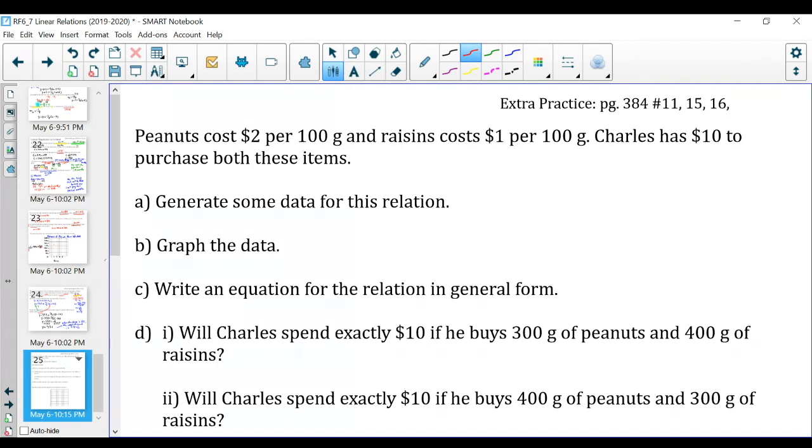Okay, so peanuts will represent my x values. Let's call this P. And we'll do R. So we can do P and R.